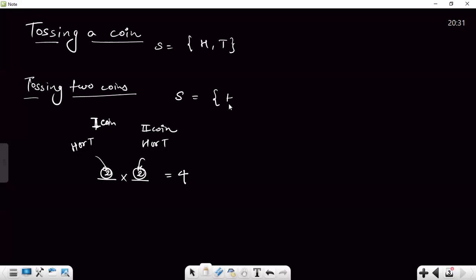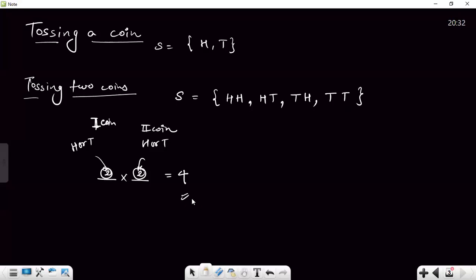So let's say there's a head on the first coin and a head also on the second coin. It may happen, yes. Or head on the first coin and tails on the second. It may be like that also. Or tails on the first coin with heads on the second, or tails on the first and tails on the second. There's no other possibility that can happen, because we have calculated earlier.